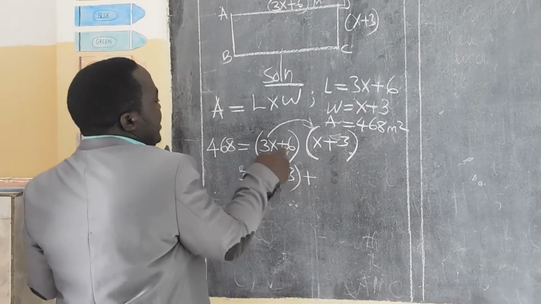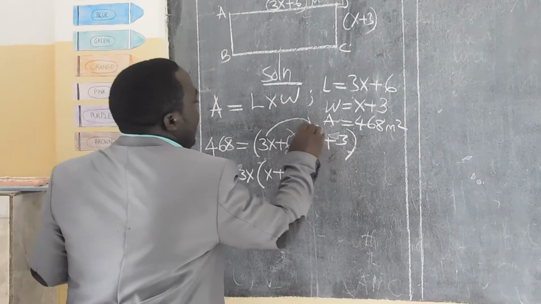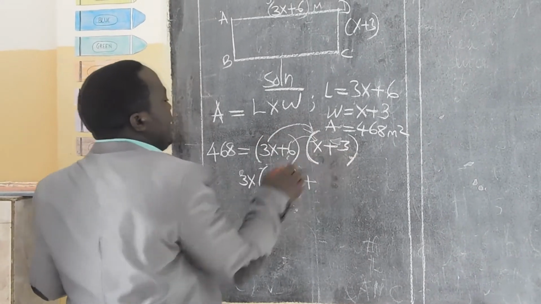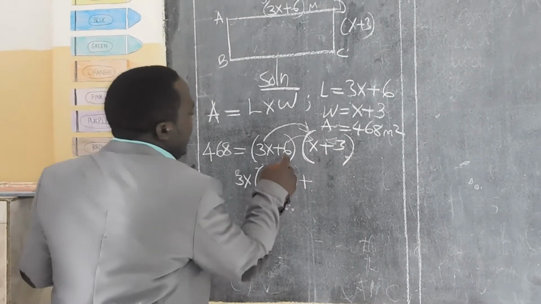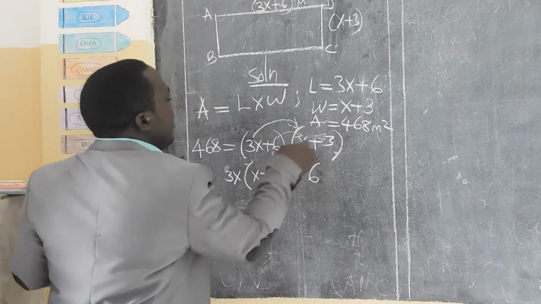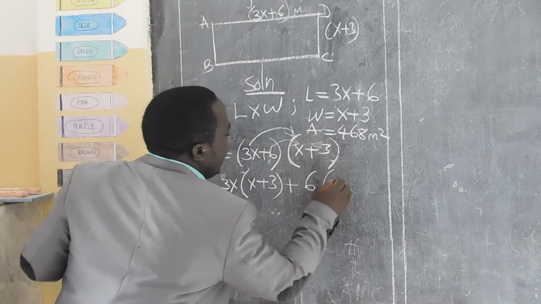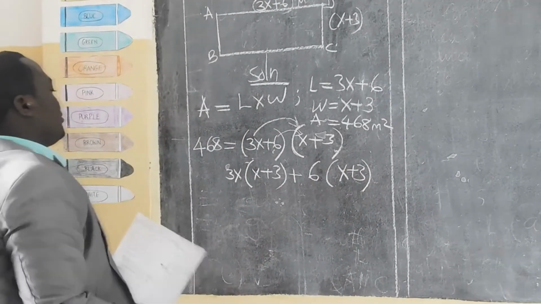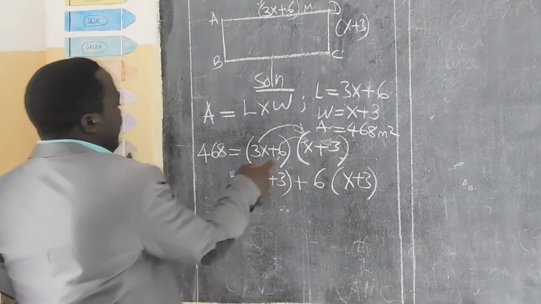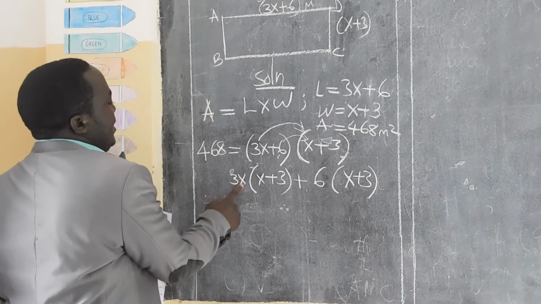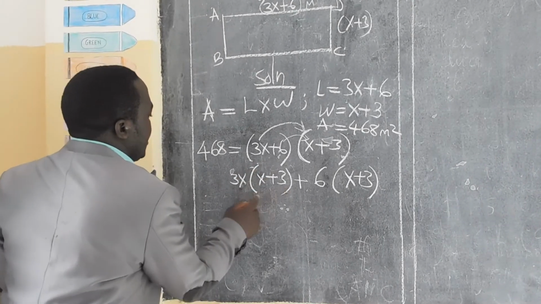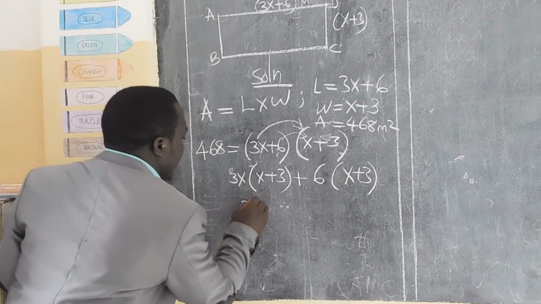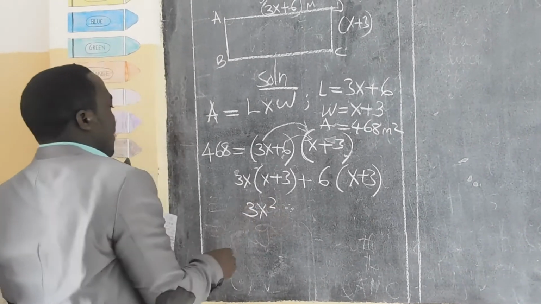Plus, again, 6 has to multiply the members of the other bracket. So 6 again has to be outside of the bracket, x plus 3. After having clarified so, now we let 3x multiply these members. 3x times x, you will get 3x squared.